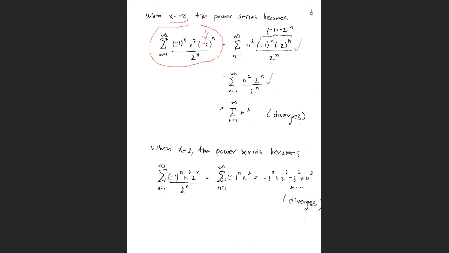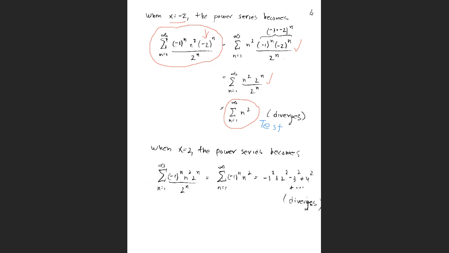So the series reduces to, when x equals -2, the series becomes the sum where n equals 1 to infinity of n squared. And that series clearly diverges. We should state why. It's obvious. The terms are getting bigger with n.